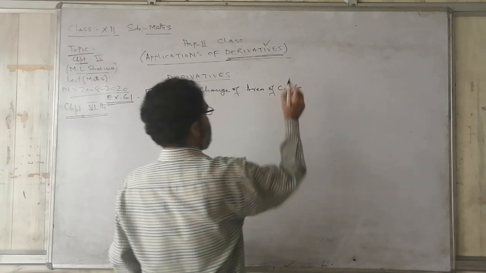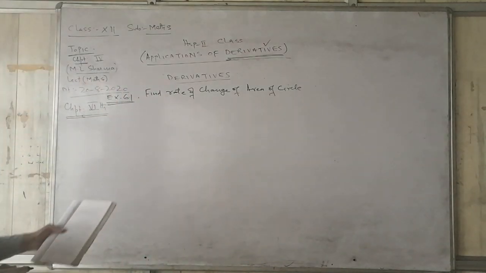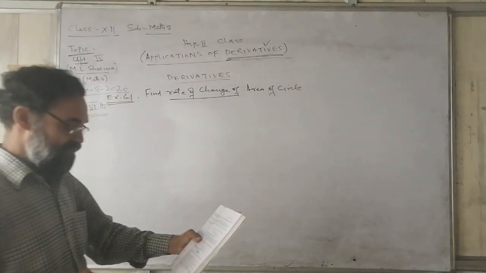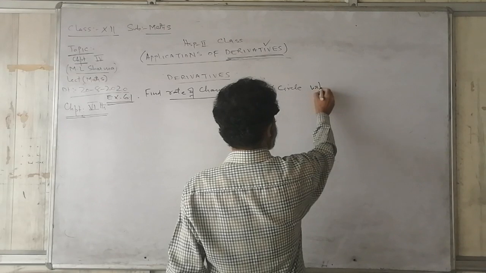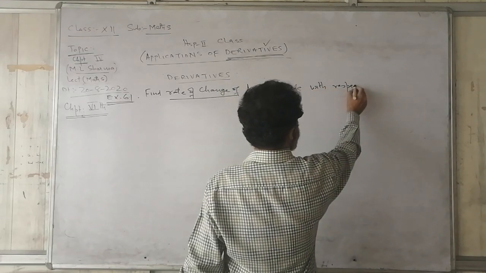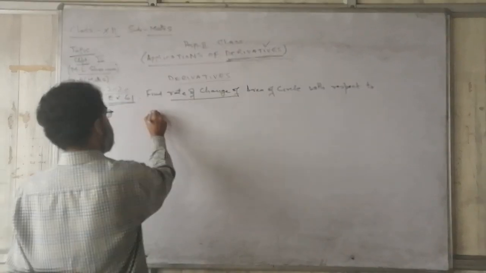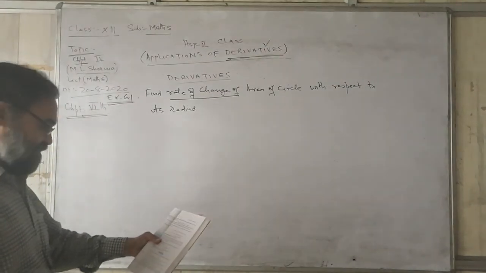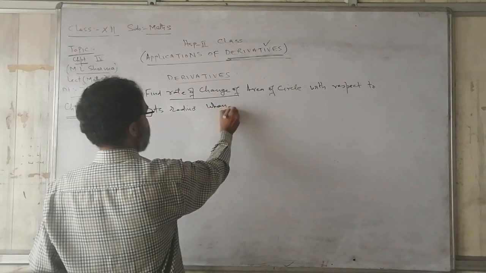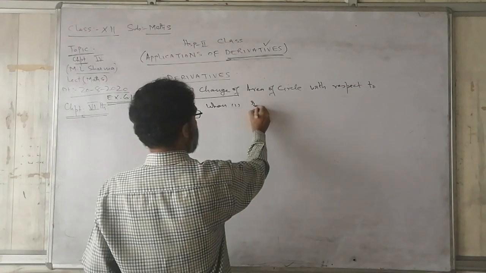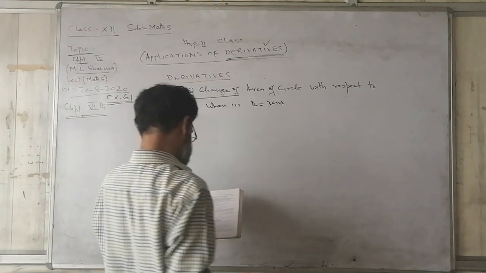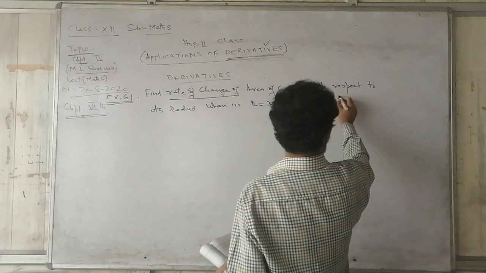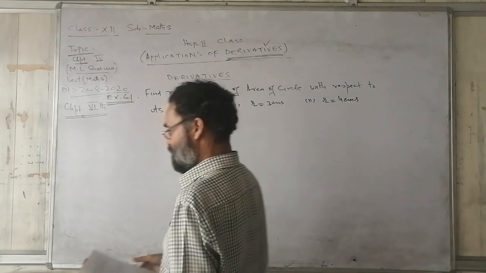So for the geometrical figure circle, we have to find the rate of change in its area with respect to its radius, when part first is r equal to 3 centimeters, and in second case the radius of circle is 4 centimeter given.